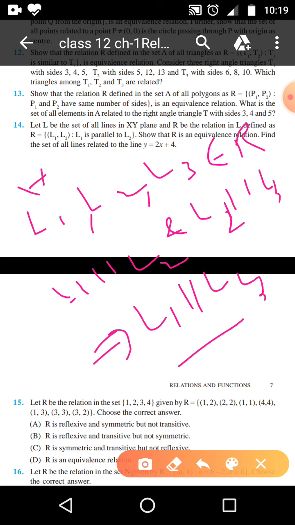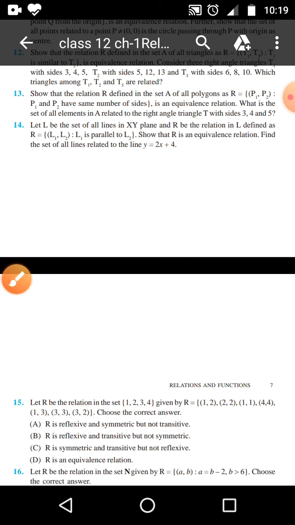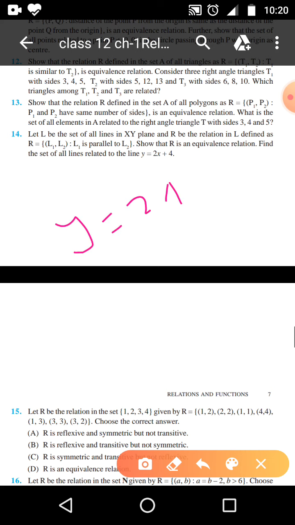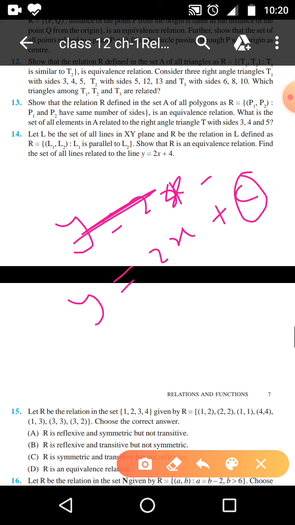And the second part of the question: find the set of all lines related to y is equal to 2x plus 4. Since L1 and L2 are parallel, whatever lines are there, they are parallel. So we can take y is equal to 2x plus c, any constant in place of 4, and all these lines are parallel to y is equal to 2x plus 4. c is any real number.